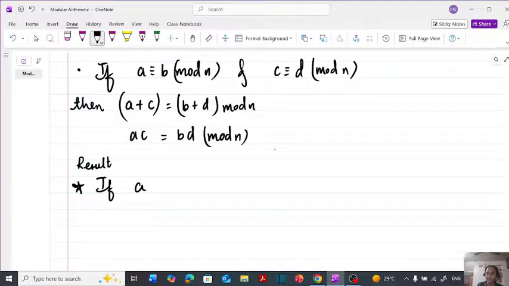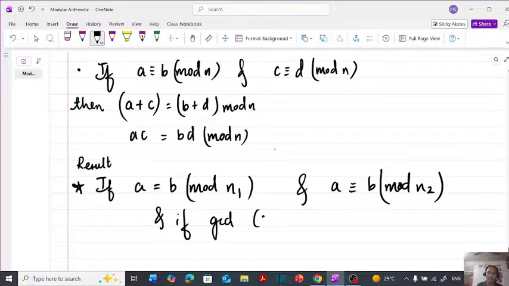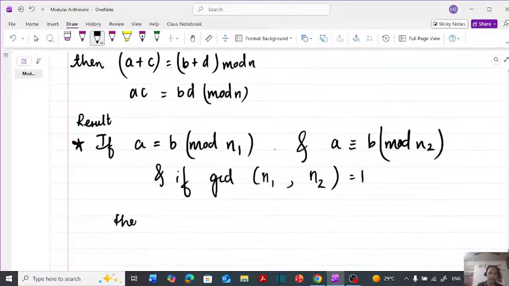If A is congruent to B mod n1, okay, and A is congruent to B mod n2 also, and if GCD of n1 comma n2 is 1, okay, then A is congruent to B mod n1 n2.